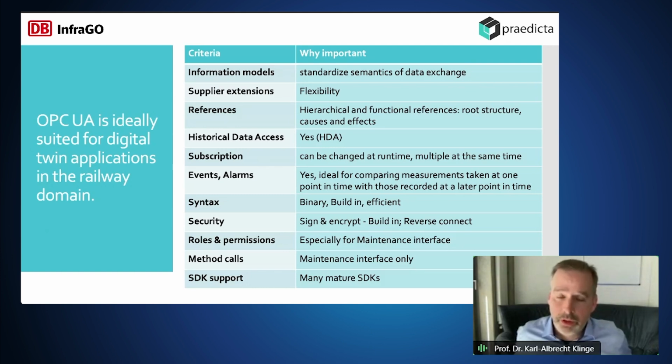You don't have to care about that as you would if you have a protocol-only stack. Then roles and permissions. Not everyone can activate the configuration, so this has to be done with roles and permissions. We have method calls that we can use for that. And the SDKs are quite mature. And this really brought us to OPC UA.